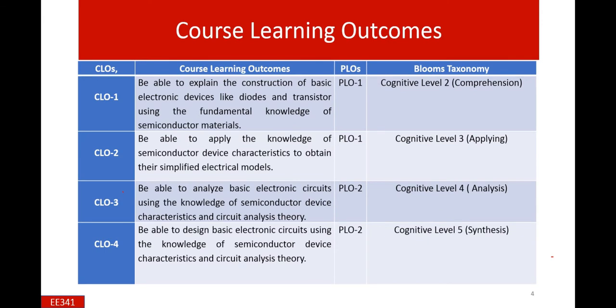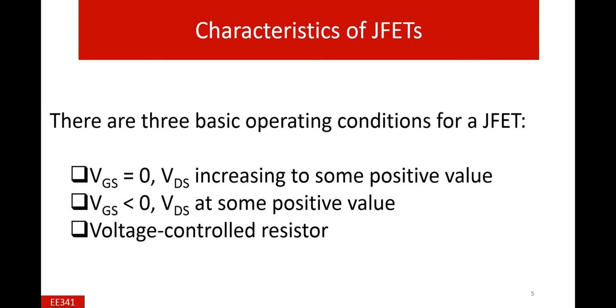It is related to the knowledge of the previous lectures, and we also try to develop the model in this lecture on specific conditions. So there are three fundamental operation conditions for JFETs.